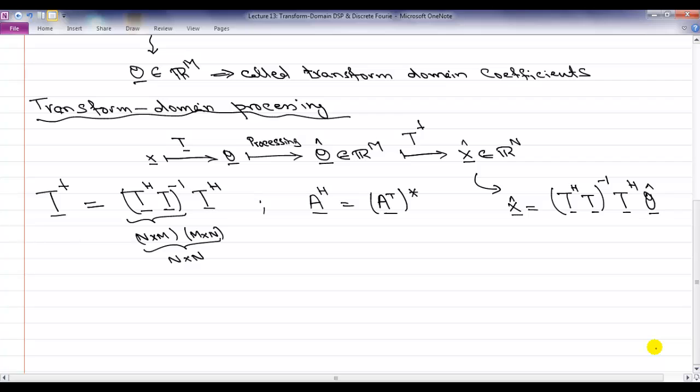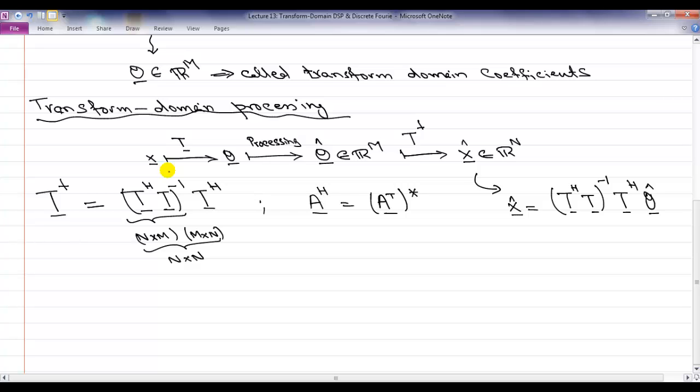Now, why is this a transform? If you want to think about your earlier transform definitions, if I don't have this processing step, so if theta hat was equal to theta, what we want is that x hat should be equal to x.